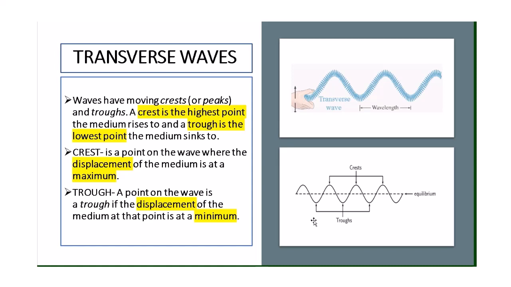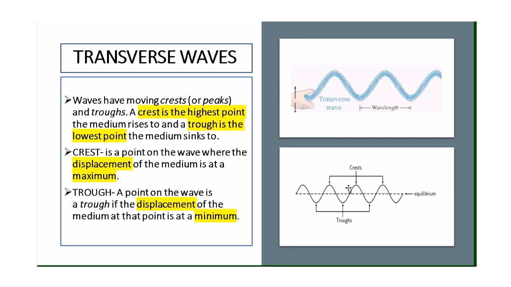In both the simulations, we have observed that when vibrating particles move upwards above the line of zero disturbance, or the line of reference, they form an elevation or hump. And when the vibrating particles move downwards below the line of reference, they form a depression. This has been shown over here.